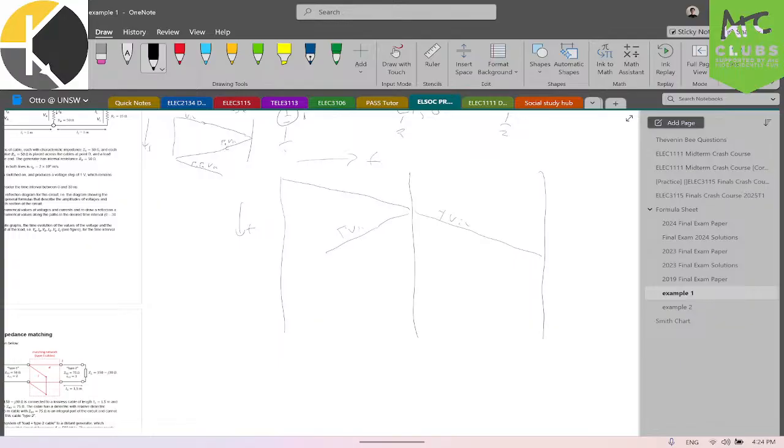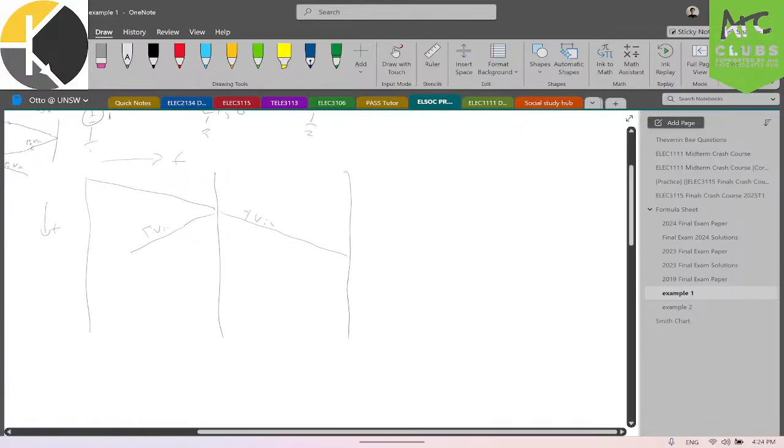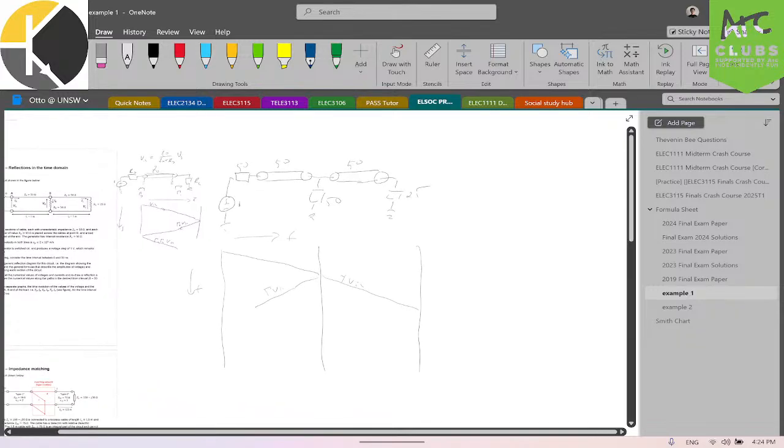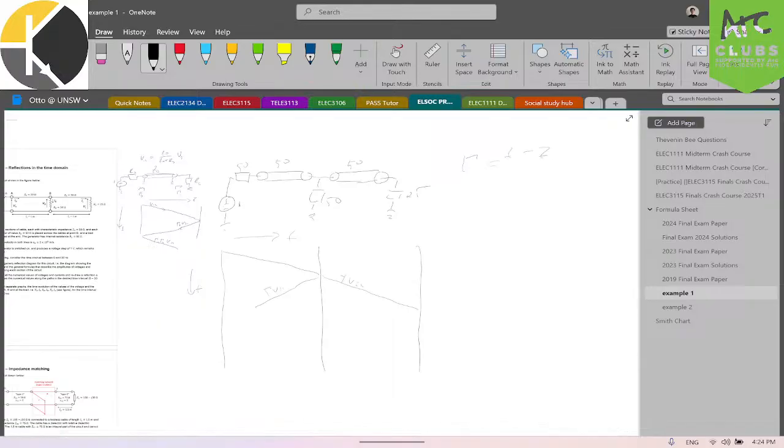As you probably know from the formula sheet or from lectures, gamma is equal to Z minus Z naught over Z plus Z naught. Interestingly, T in this kind of scenario will just be equal to 1 plus gamma, and this can be fairly easily justified by looking at this reflection diagram.